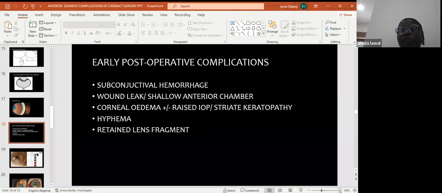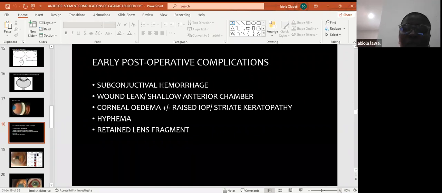And if the striae are mild, a routine steroid will help to clear them within weeks. It clears faster and recovery is better in younger patients compared to elderly patients.